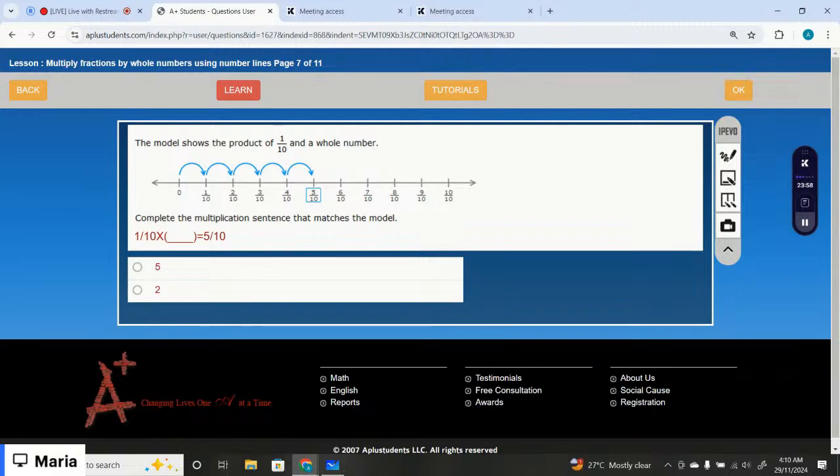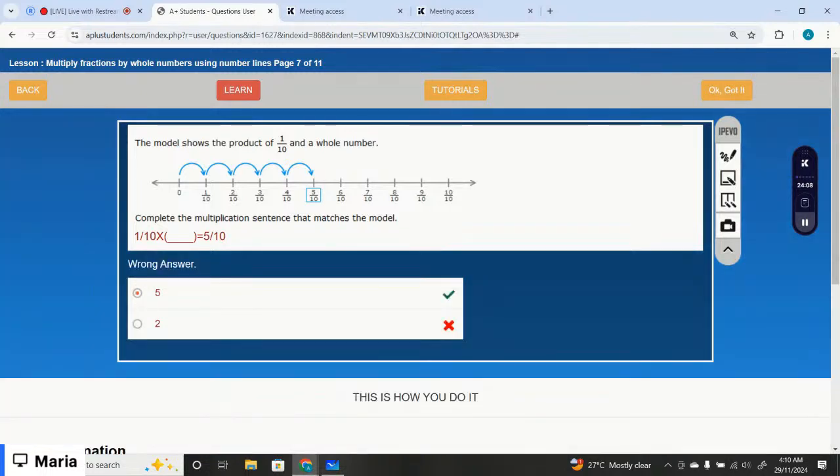The correct option is 5 over 10, and that is 2. Option number 2 is the correct option. 5 by 10 is 5 over 10.